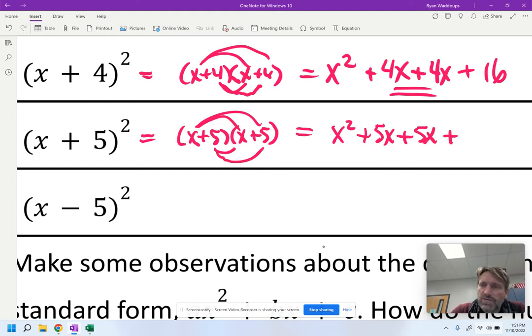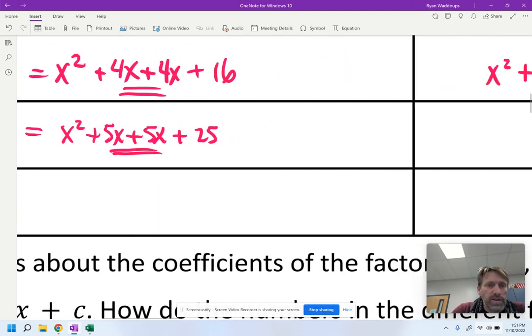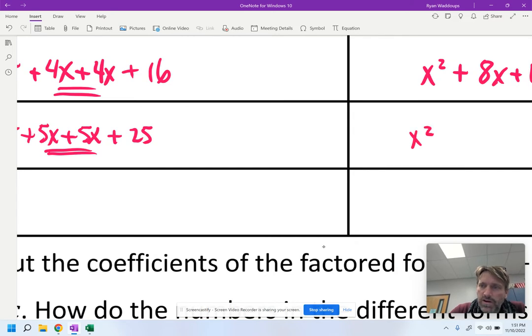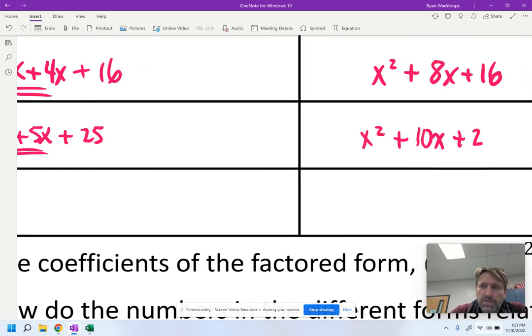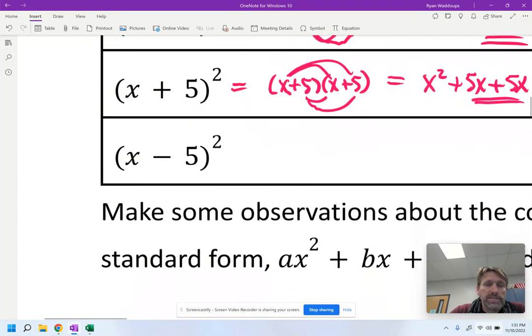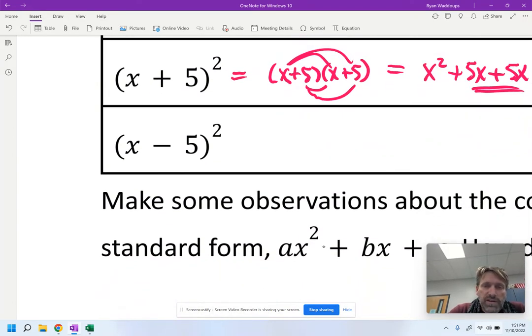And 5 times 5 is 25. These two again are like terms, so when I combine them, I get x squared plus 5x and 5x is 10x plus 25. And then let's do one with a negative just to make it interesting.